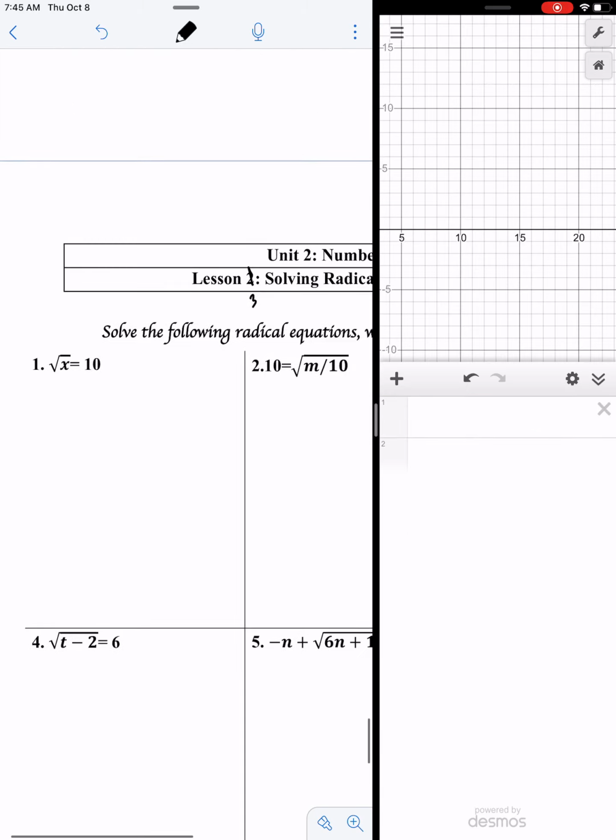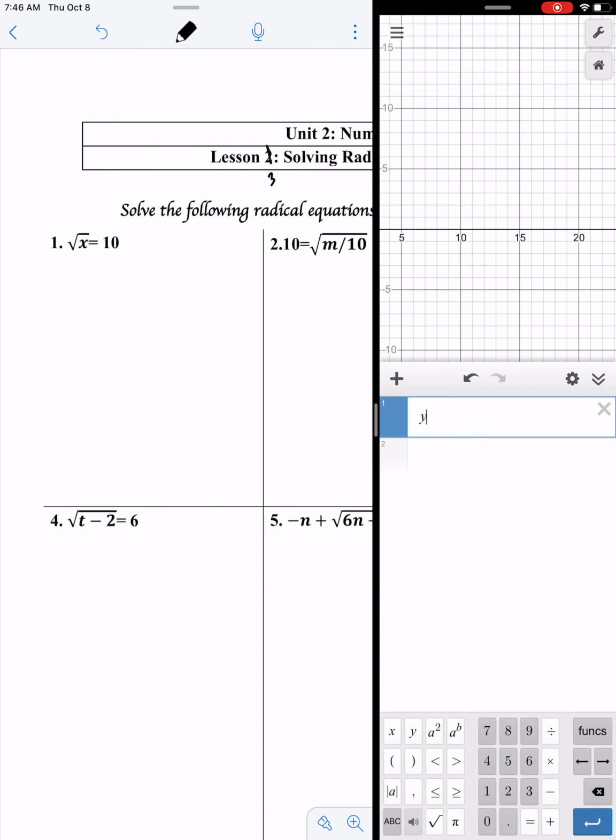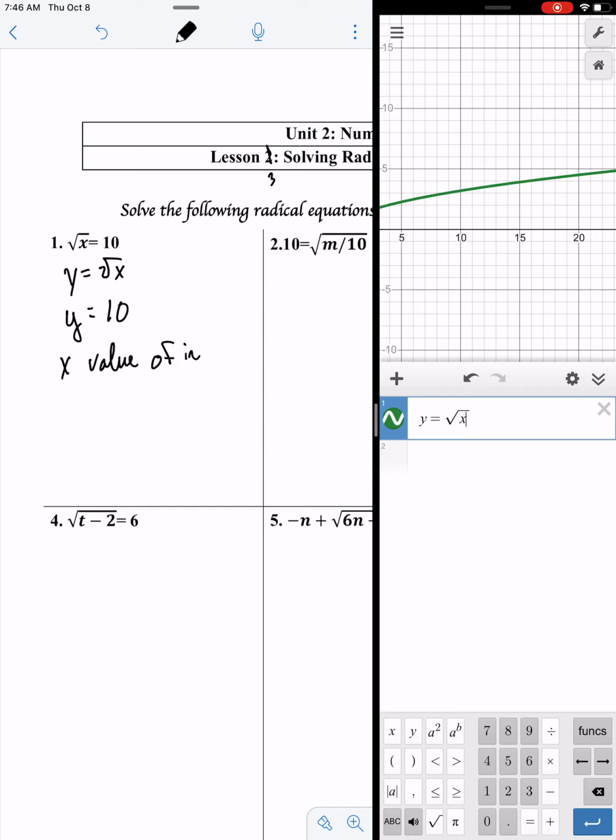Again, I'm going to solve this graphically again. Y equals square root x. So again, over here, I'm going y equals square root x, y equals 10. And again, I want the x value of intersection.